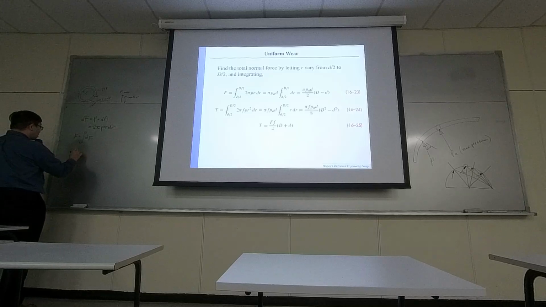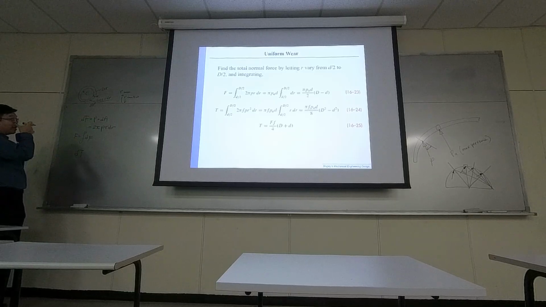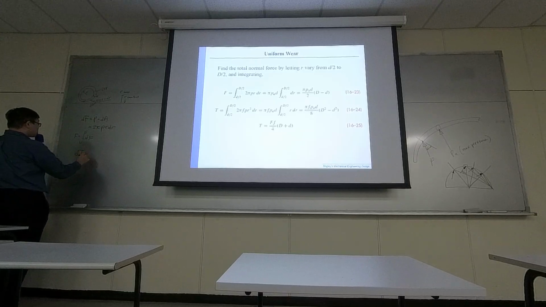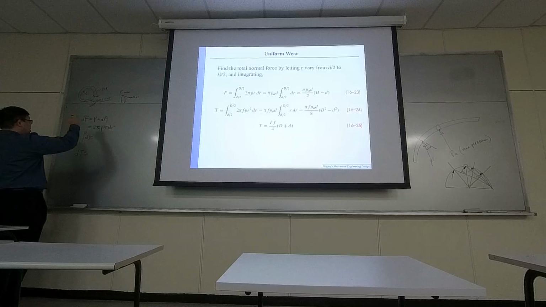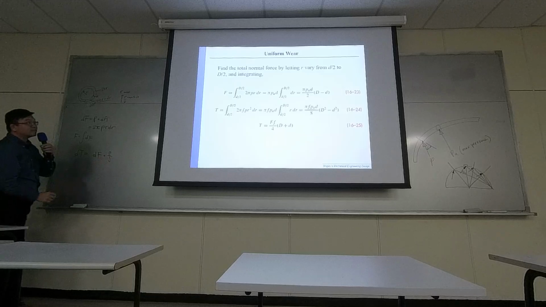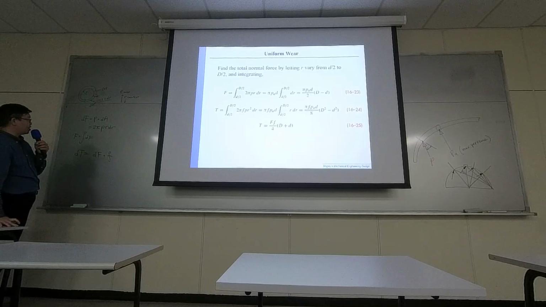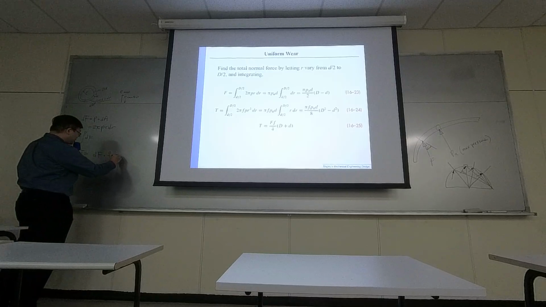But for the torque contributed on the gray ring, dF will be the normal force, times the friction coefficient, that would be the friction force, and times the radius.